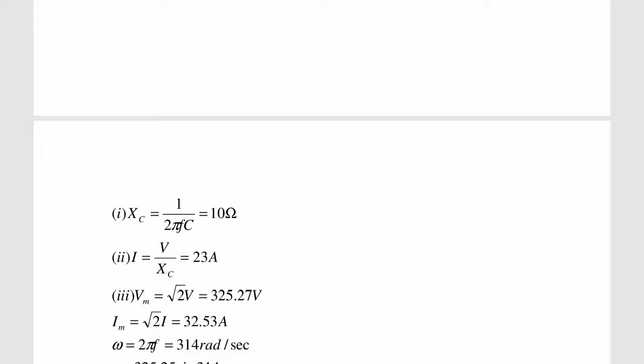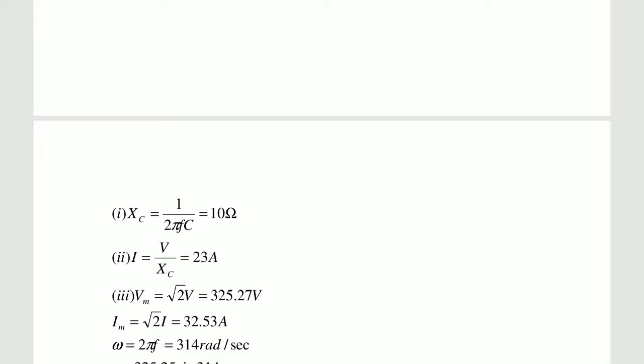From these, we can calculate the maximum voltage or maximum current. The maximum voltage is also called the peak value of voltage, and the maximum current is also called the peak current.